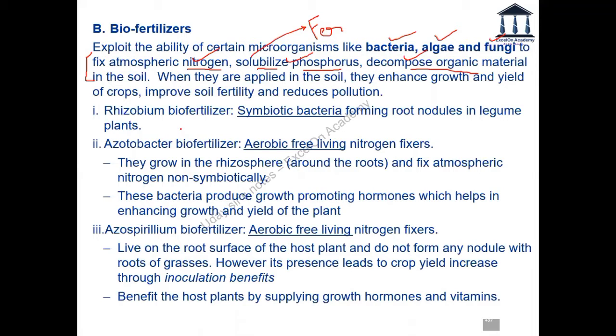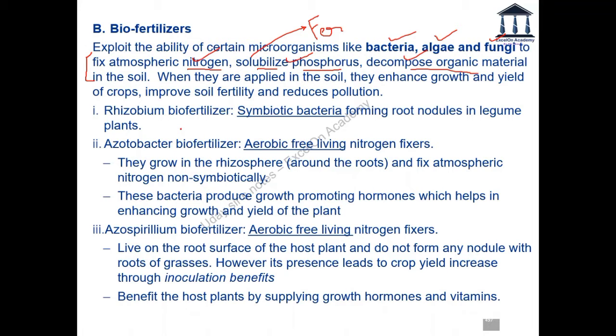So it's a win-win. Therefore, my point is, when a bacteria or any other microorganism is in a mutually beneficial relationship, it is symbiotic, which we know. We have studied biotic interaction classes before.